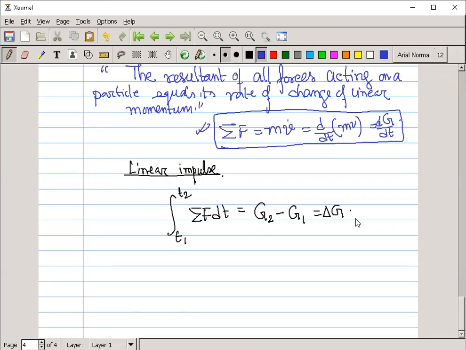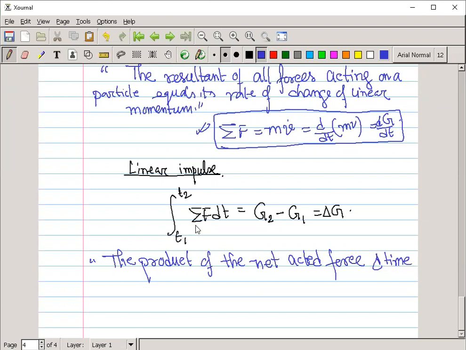For this statement, you can write the product of the net acted force and time, right?